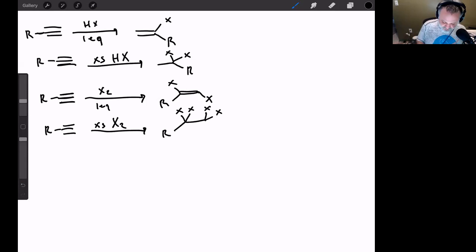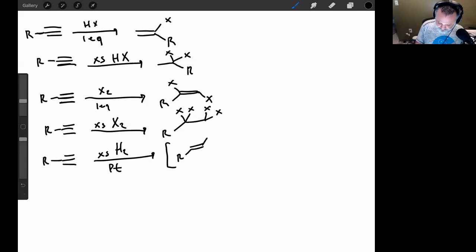Now, the last one that is essentially exactly the same was if we did excess H2 and metal catalyst, then we fully reduced the alkyne. Now, I'm going to draw this intermediate just to point out that all that's going on here is that we're reducing the alkyne to an alkene.